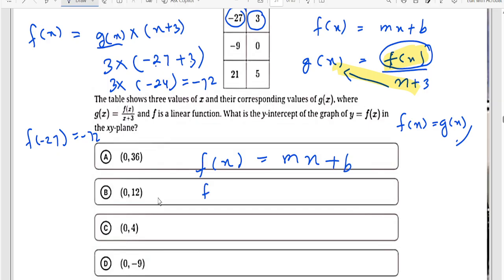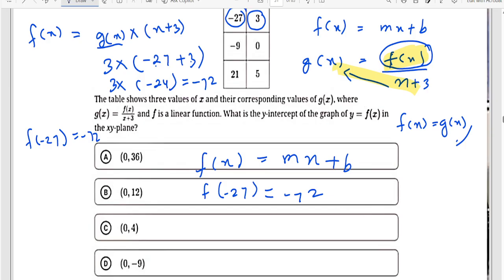So f of negative 27 is equal to, what I can write over here is negative 27. Okay, just a minute. I got f of negative 27 as 72, right?